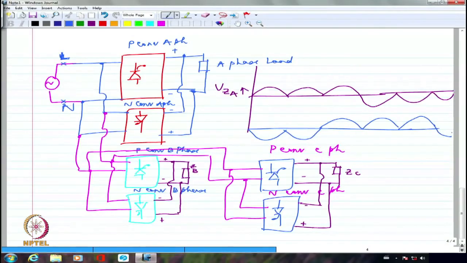So this will be VZB. VZC obviously has to start from here. Right? They have to essentially be shifted by 120 degrees of the output wave. Output wave. You get my point?